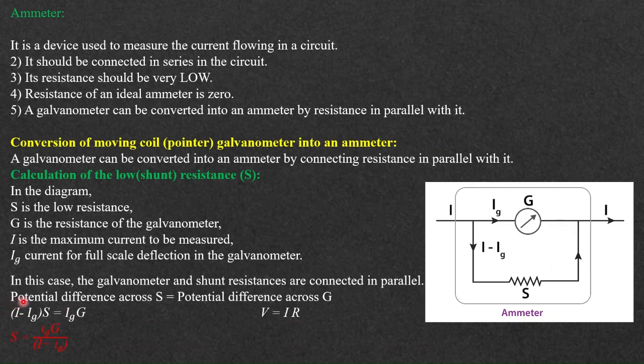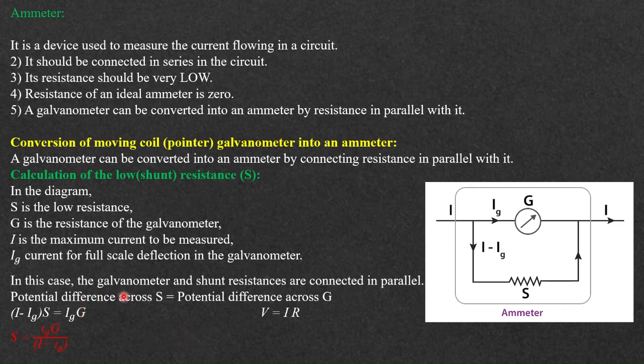So that is what we have written here: the potential difference across S equals the potential difference across G. From Ohm's law we have V equals I into R. So instead of IR, we write it for the resistor: the current flowing through the resistor is I minus Ig, and the resistance present here is S. So I minus Ig into S becomes the potential difference across S.